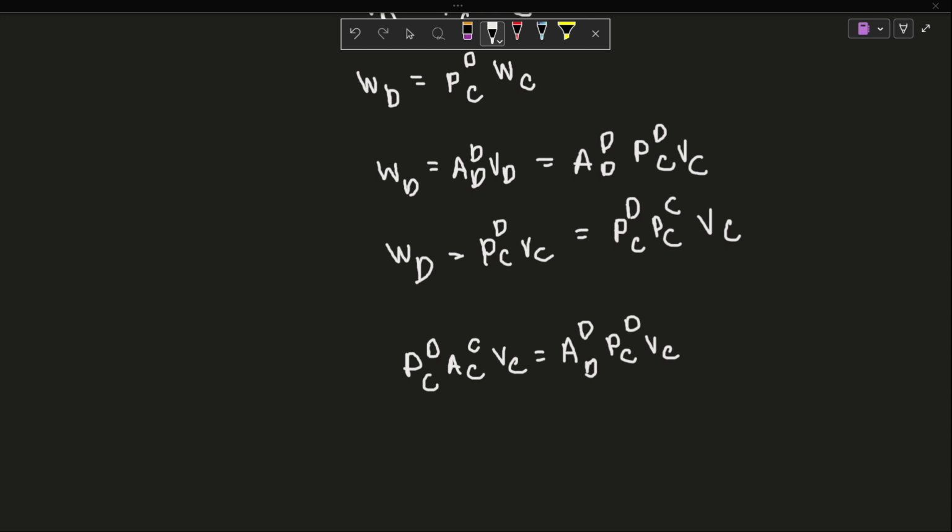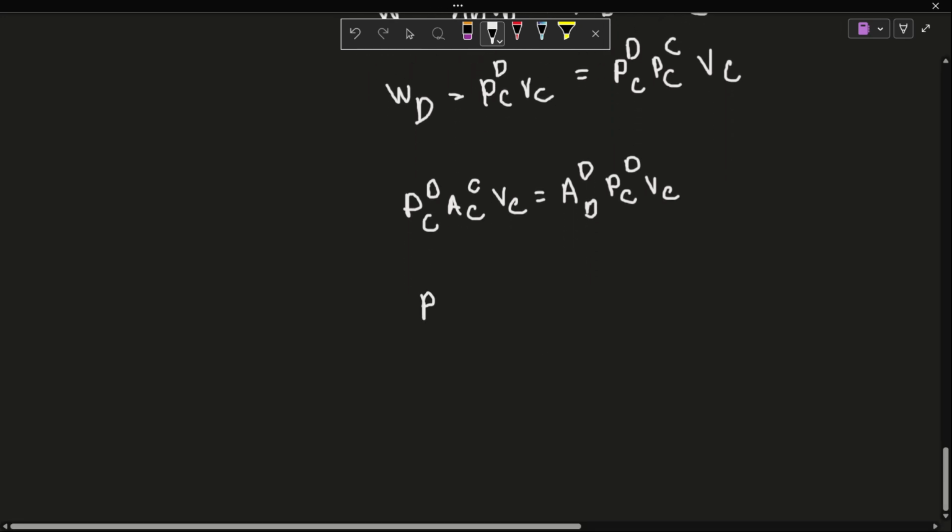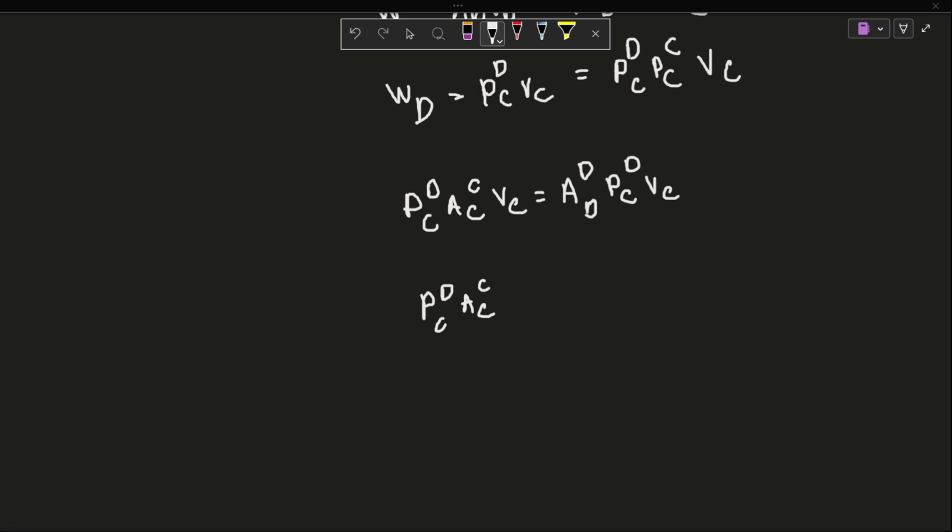And so if we take VC to be a vector having 1 as the first component with all of the components equal to 0, then the vector having 1 in its second component with all of the components equal to 0, and so on through the entire standard basis, well, then what we're going to get if we apply that logic is PDC equals ACC. So basically just canceling out the VCs.